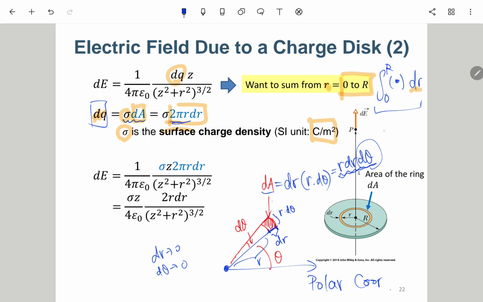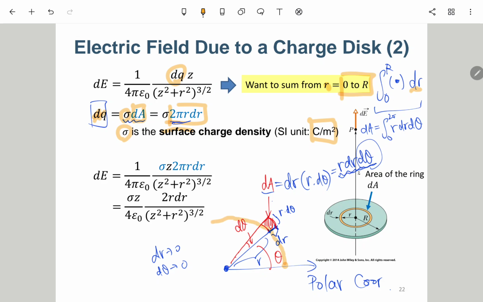So we will have something like the integration of r dr d theta, where d theta is integrated from 0 to 2 pi, which means that we go through the whole circle. 0 is here, and then theta starts to increase.